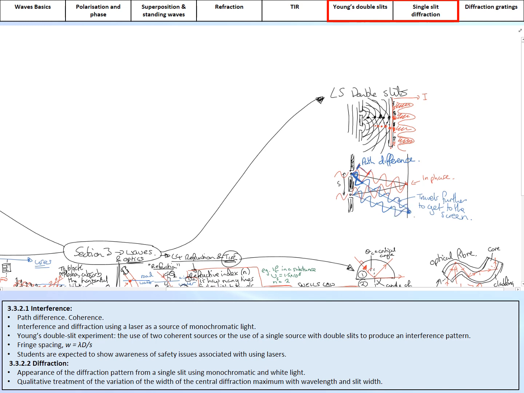And they arrive in phase. And we get another bright point. So there's our first light spot. There's our second light spot. And the point here, one wavelength path difference.